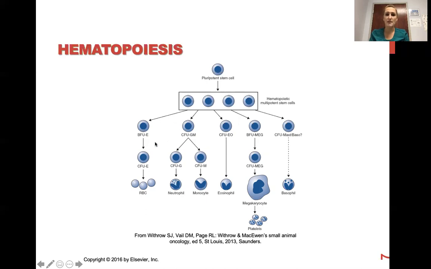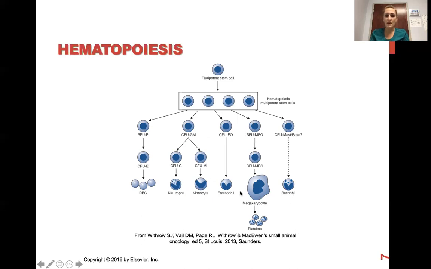And then as it comes down the line, what I want you to get from this in this class is that red blood cells are one type. It can turn into red blood cells. There are different stages in between, but you don't need to know those. Or it can turn into a white blood cell, a granulocyte or an agranulocyte essentially. So neutrophils, monocytes, eosinophils, and over here from mast cell beginnings becomes a basophil.